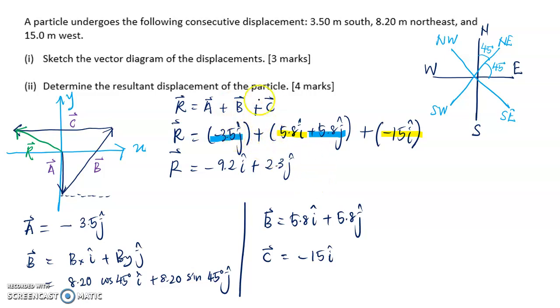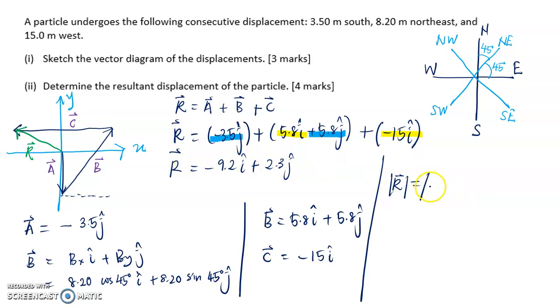To find the resultant displacement in terms of magnitude and direction, firstly we apply the Pythagoras theorem. So r, we put it in modulus form where we want only the magnitude.